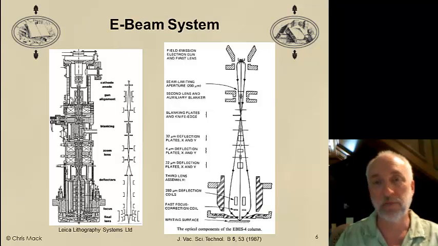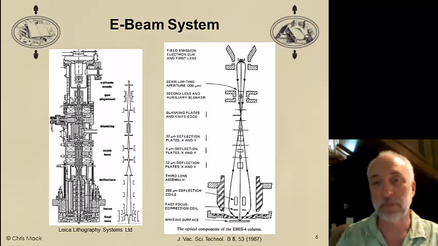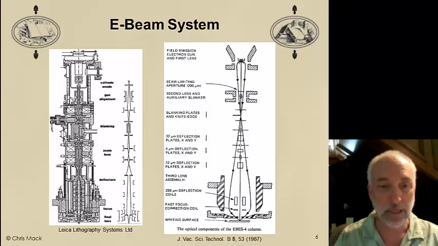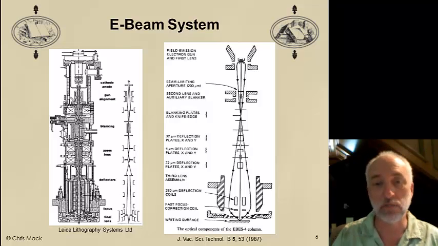Here's a couple of pictures from the literature showing you both a schematic and a cross-section of an actual tool, how these lenses are used in deflection plates and beam blankers, etc., from the source down to the writing surface.